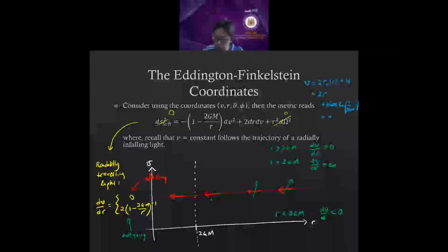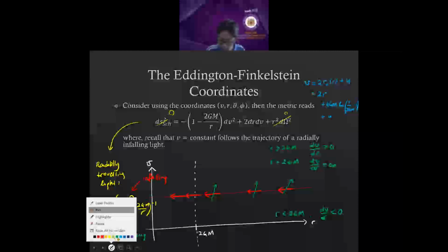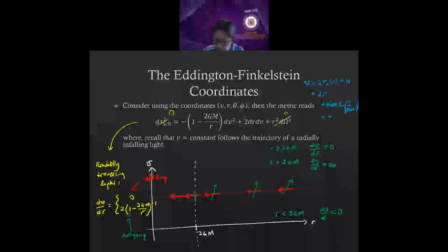And then as we approach this special surface, on this surface it's going to travel in this direction, and then as we enter, it's going to travel in this direction.